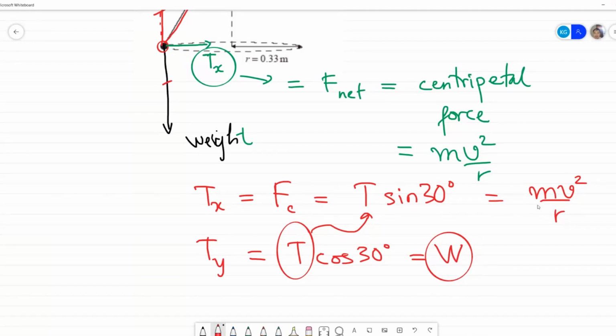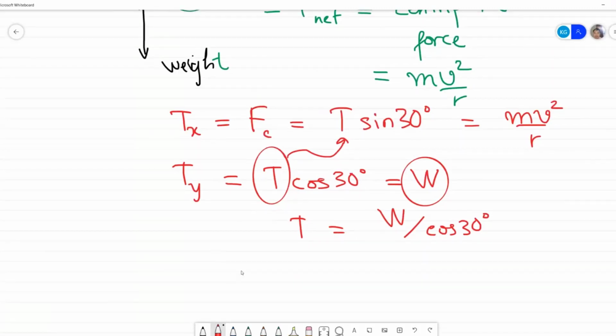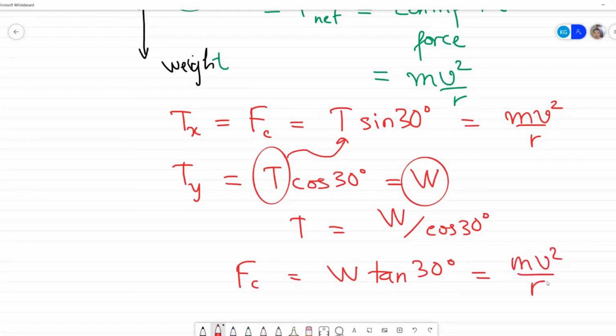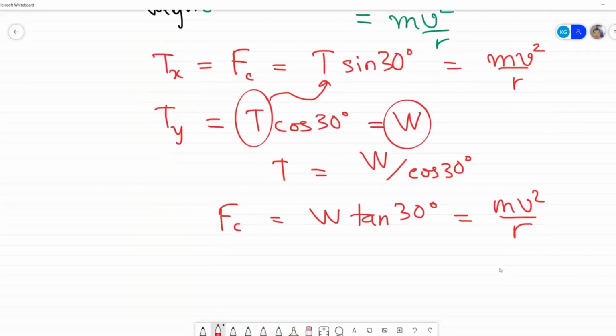The tension here will be W, the weight, over cos of 30 degrees. So plug it into here, you will have the centrifugal force, Fc, equal to weight times sine over cosine, that is tan of the angle, equal to mv squared over r. And from that, you can eliminate the mass from the two sides of the equation, because the weight W is mass times g.